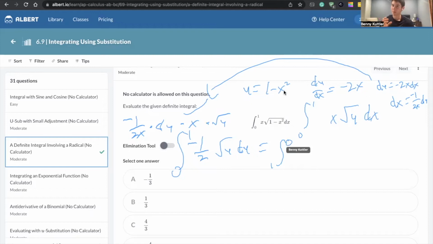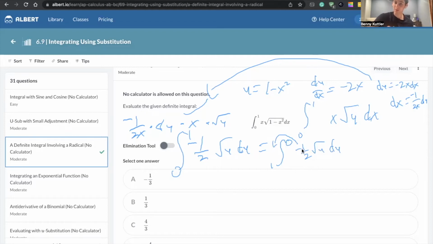Notice this is the same thing but backwards, so it's going to be the negative of whatever it originally would have been if we had kept our old variables. And then of negative 1/2 square root of u du. What we can do here is take this negative 1/2 out to the front, because the coefficients don't matter in integration. We'll have negative 1/2 times the integral between these 2 points of the square root of u.